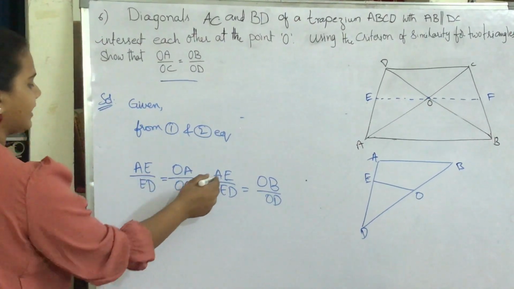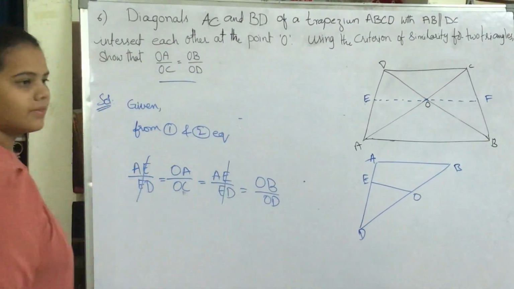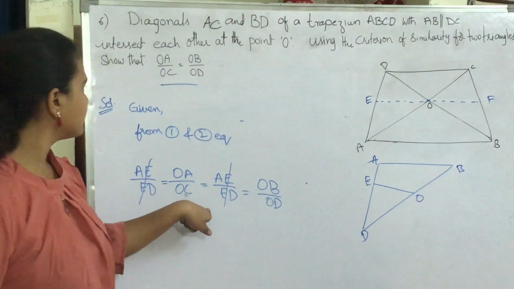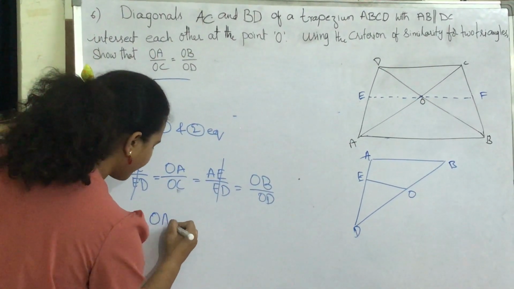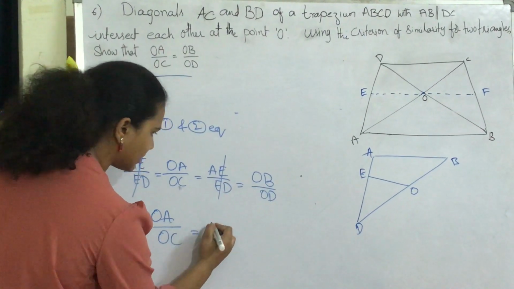AE by ED gets cancelled. Now you have OA by OC equal to OB by OD.